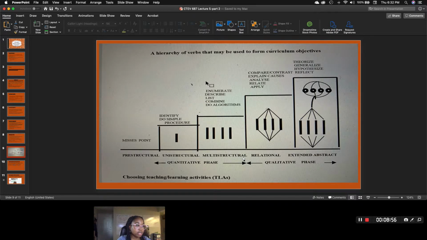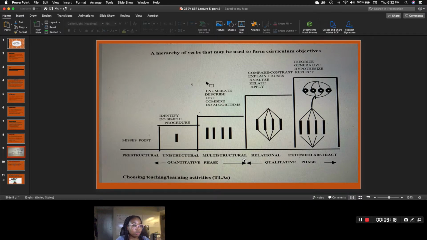So here, I took a picture of this from the article, but it's the hierarchy of verbs that may be used to form curriculum objectives. And I thought this was pretty cool because it shows how it's being measured and how you should be choosing your activities. So hopefully you can kind of get this at the bottom.